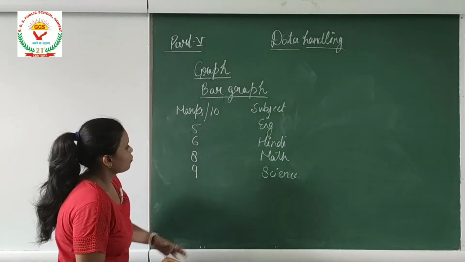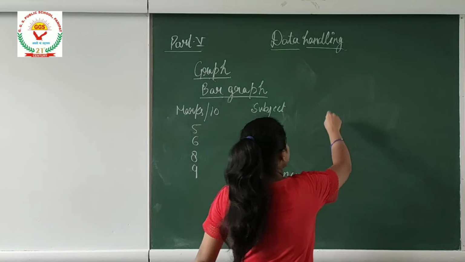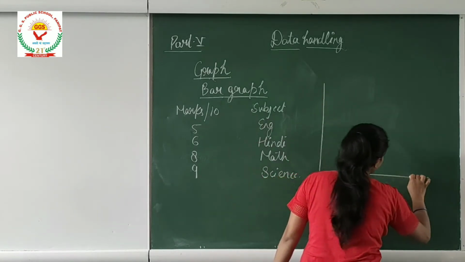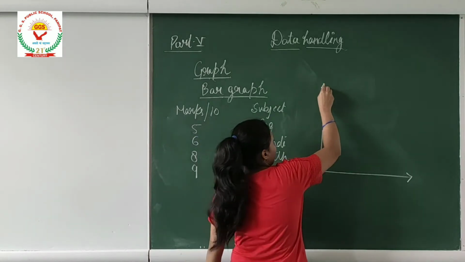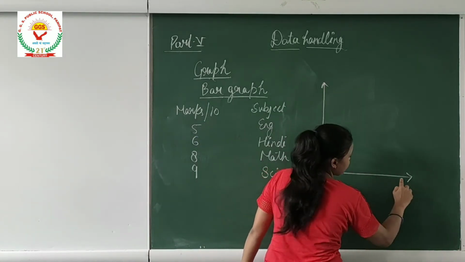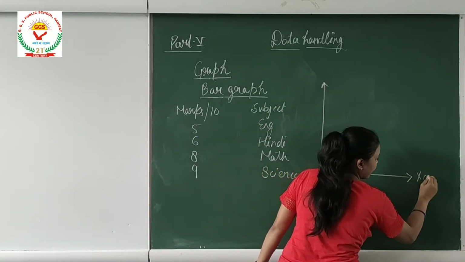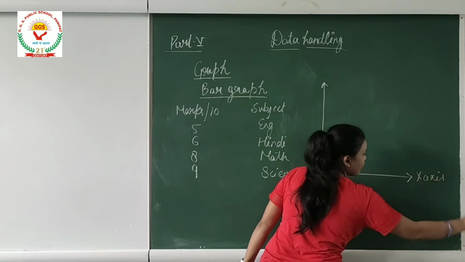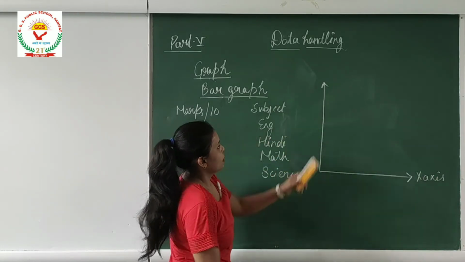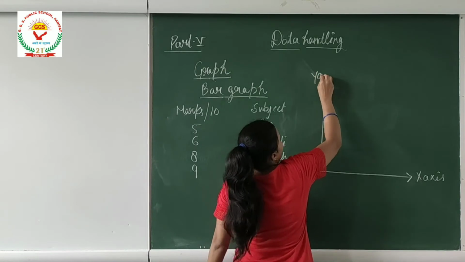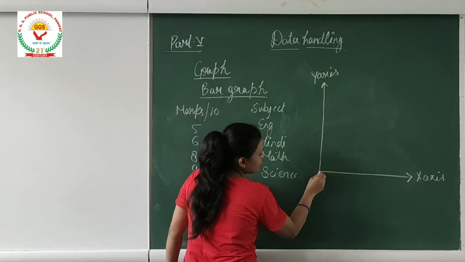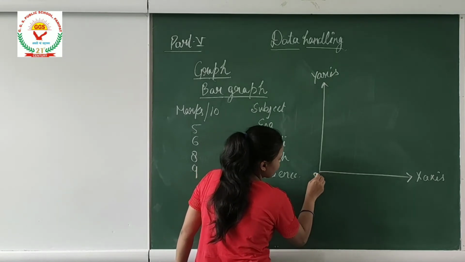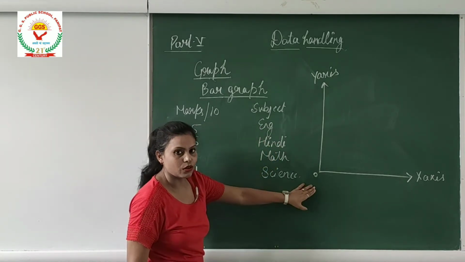Okay. So how will we represent this data in the bar graph? Any bar graph consists of 2 axes. This horizontal axis is known as the x-axis. The vertical axis is known as the y-axis. Where these axes meet, this is denoted as 0.